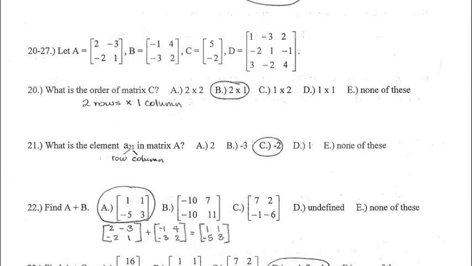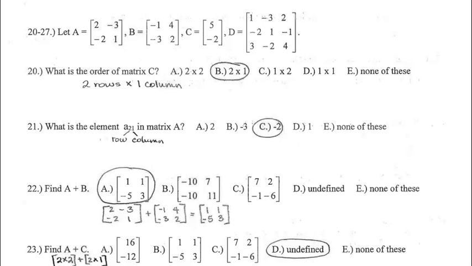All right, then for 20 through 27, we're going to use the same set of matrices so that you can just put them in your calculator one time and then do multiple things with them. So first off, for number 20, it says, what's the order of matrix C? Remember that its order is its rows by its columns. Now remember that rows go across and columns go up and down.